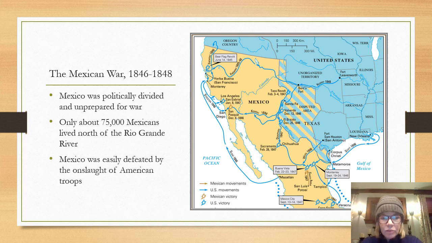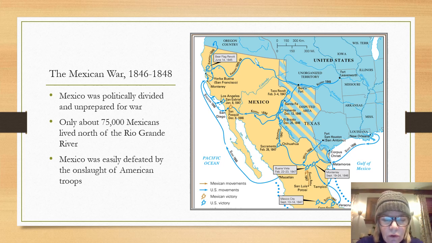All right, so this map shows you where the major battles took place. If you notice, there is only one Mexican victory, and that is right there in what would be today San Diego, Tijuana, right there at the border of what is now California and Mexico at the Baja.